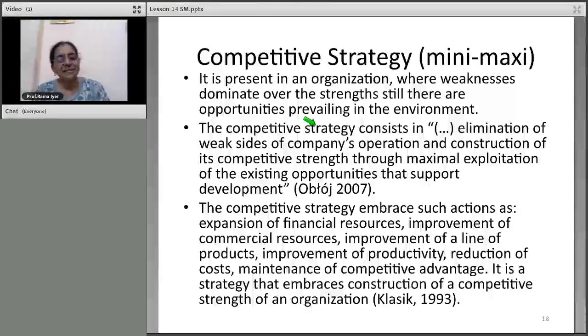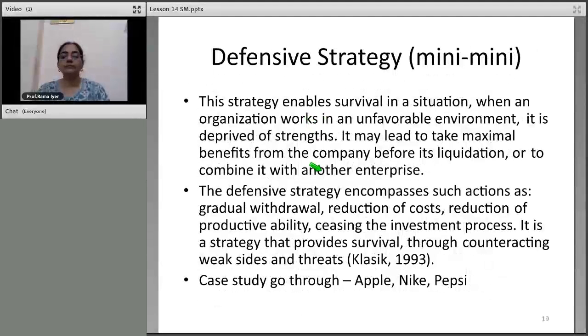Now you will get it. The competitive strategy, we'll look at that one second. Read this part because that's where your main point is. Clear? Same thing, we are just broadening apart a little more.